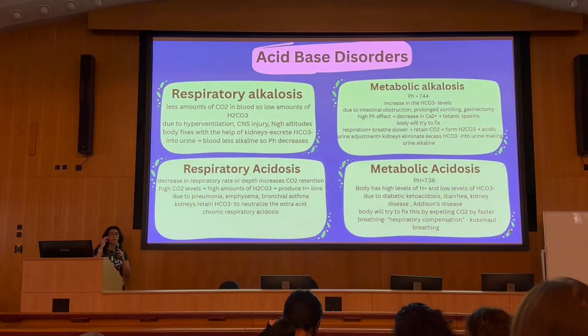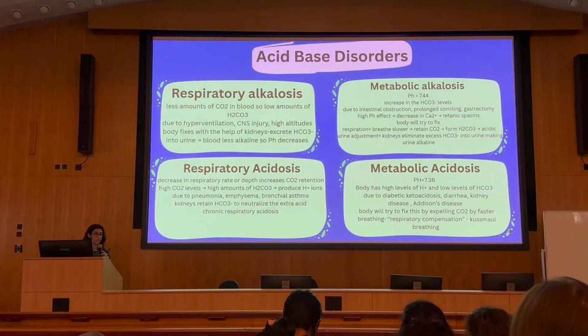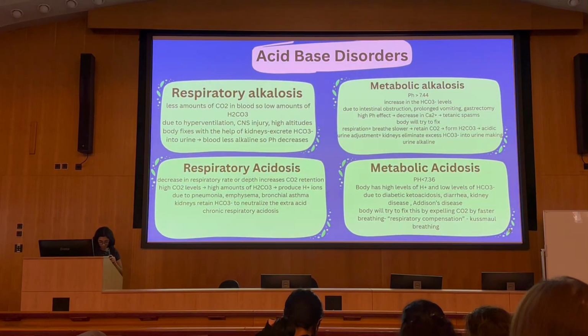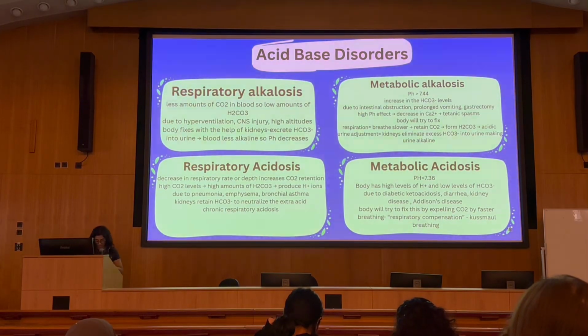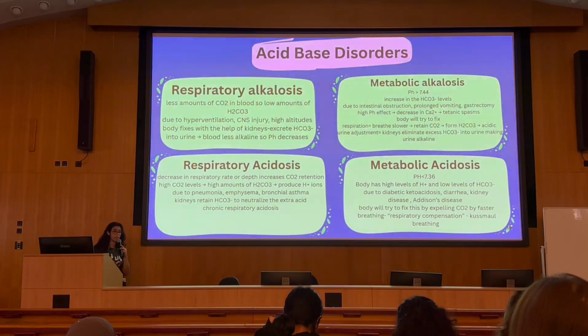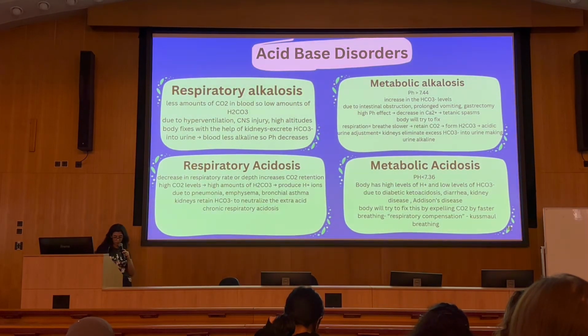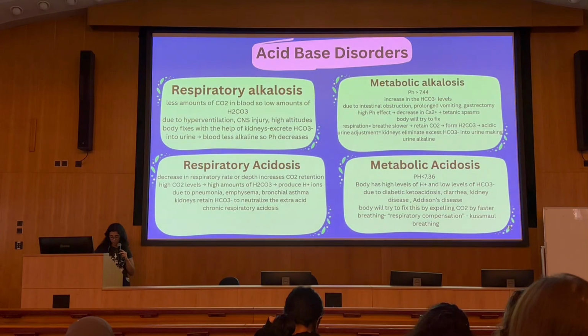Now, disorders. They will ask you these disorders in your final and even in your quiz, so they're very important. There are 4 main disorders, 2 respiratory and 2 metabolic. First I'll talk about respiratory acidosis. Acidosis means your pH is low. How does it happen?